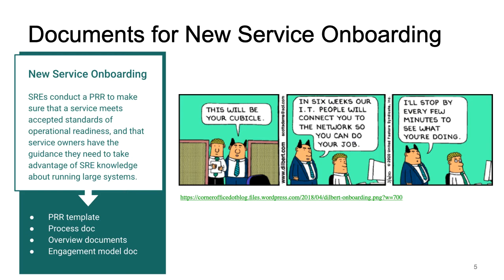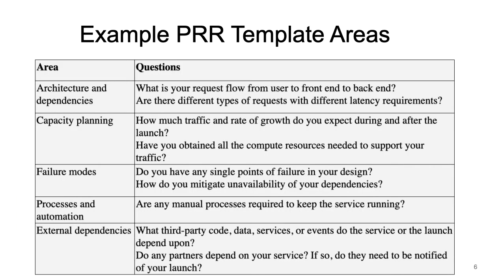The goal of a pre-launch PRR, production readiness review, is to ensure that the service meets certain minimum standards of reliability at the time of its launch. So the important documents include process doc, overview documents, engagement model doc, and PRR template. So what is a PRR template?